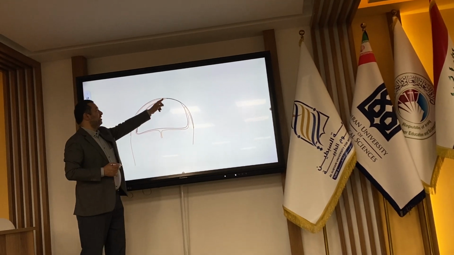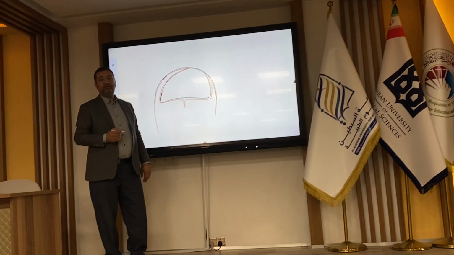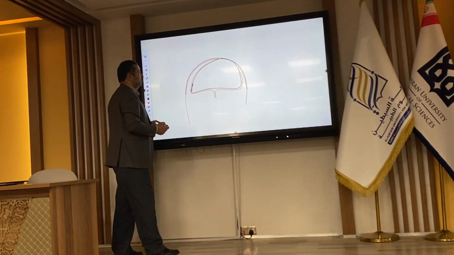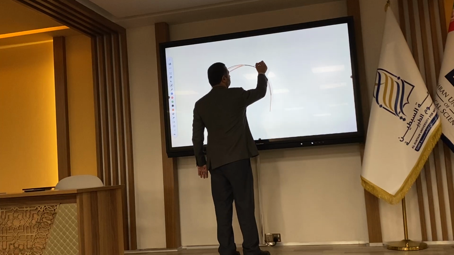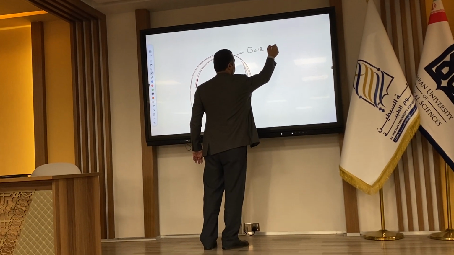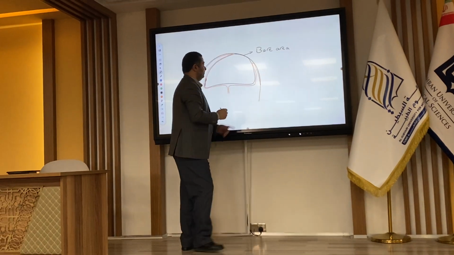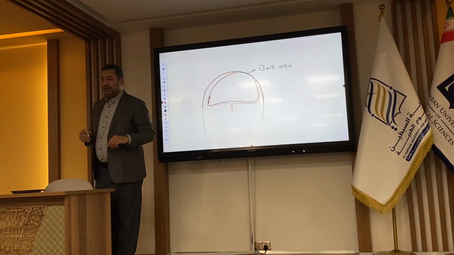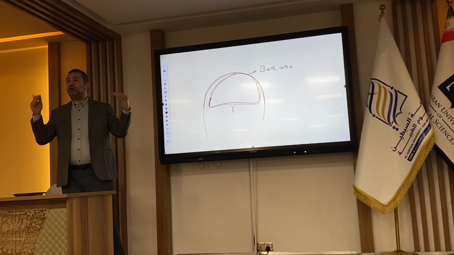And here is the bare area. This area is called bare area because peritoneum cannot cover this part.